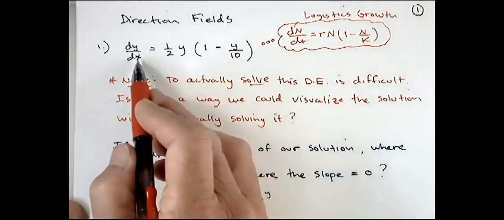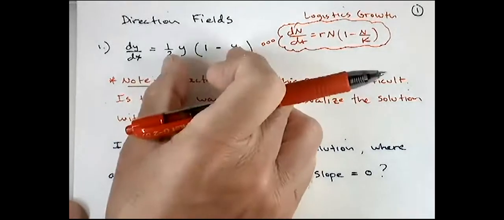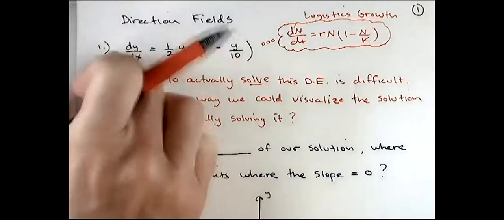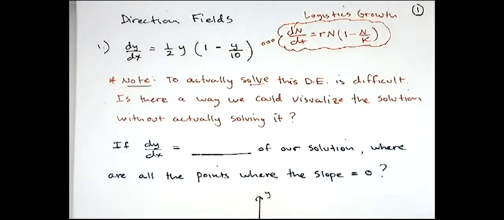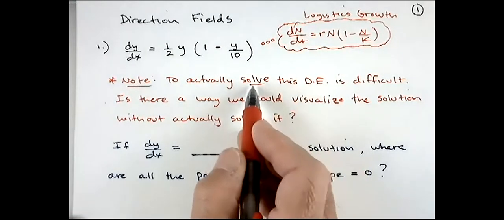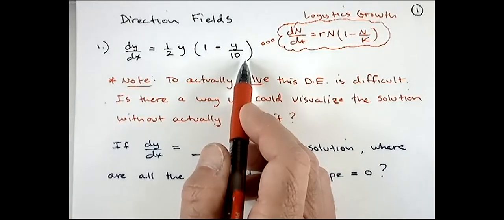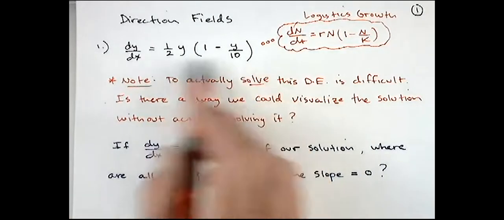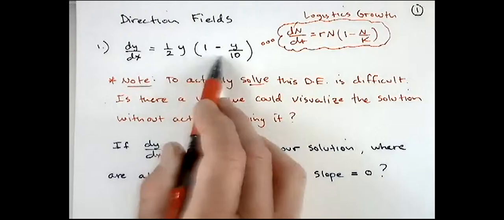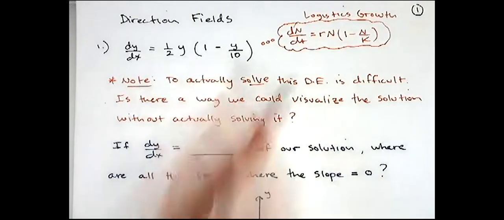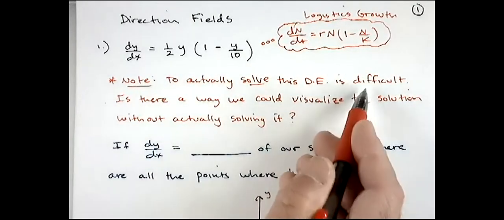What ends up happening, though, if you move the dx over and divide these two y factors underneath the y, you end up needing to use partial fractions, which is something we've done, but it just gets kind of long and tedious. So I haven't seen so far, at least even in the suggested problems that she assigned from 7.4, her expecting you to solve this, even though it is solvable. So I just put this note: it is difficult.